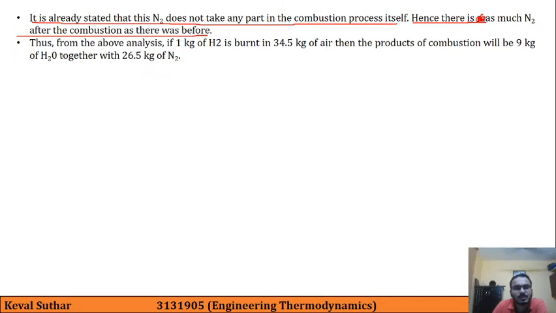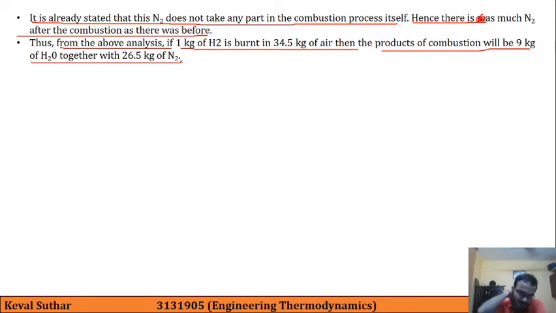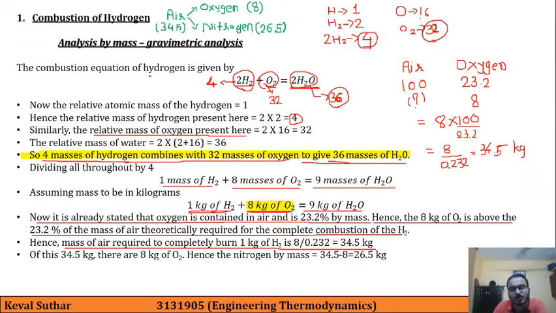So from the above analysis, if 1 kg of hydrogen is burned in 34.5 kg of air, then the products of combustion will be 9 kg of H2O together with 26.5 kg of nitrogen, because this 26.5 kg of nitrogen will remain as it is and will not take part in the combustion process.